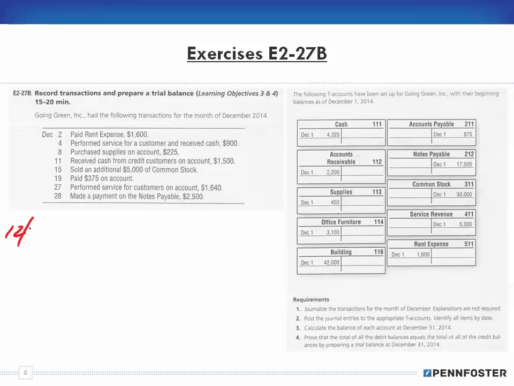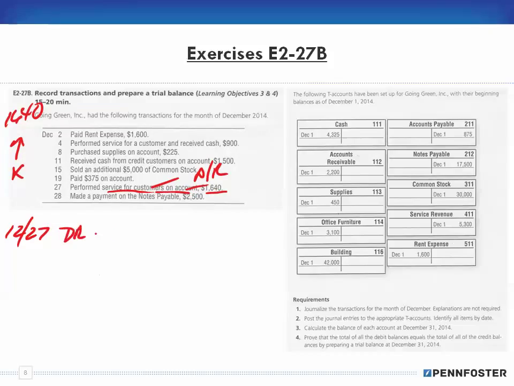Okay, 12/27. Perform service for customers on account for 1640. Right. So, am I affecting cash? No. Why? Because I'm extending credit to my customers on account. Right? I'm not affecting cash. Right? So the next question is, am I affecting receivables or payables? Well, yes, I'm affecting receivables because I'm giving credit to a customer. So is my receivable going up or down? Well, if I'm extending the credit for 1640, that means my accounts receivable is going up.